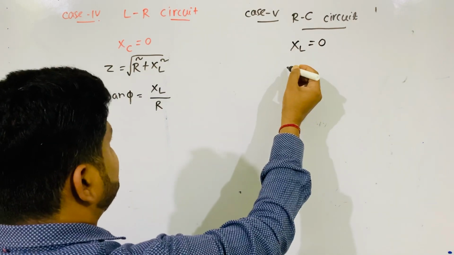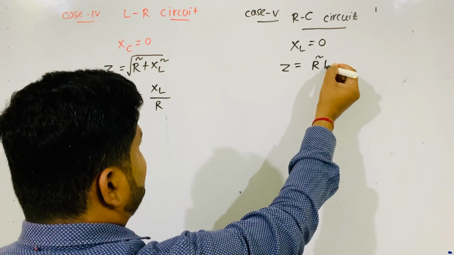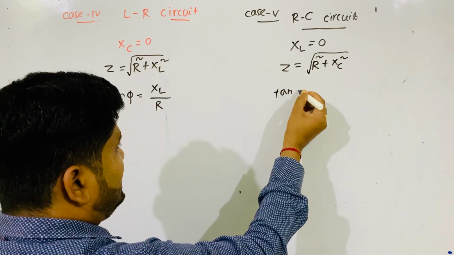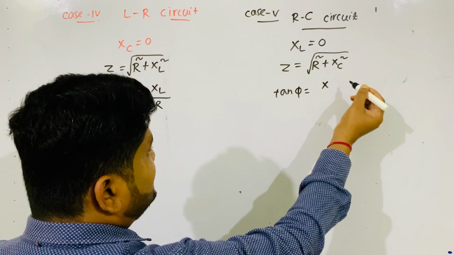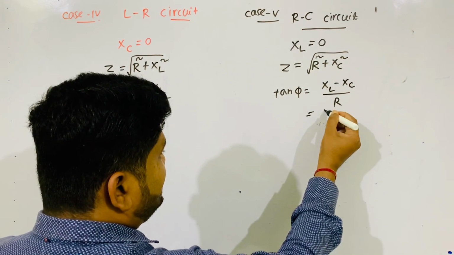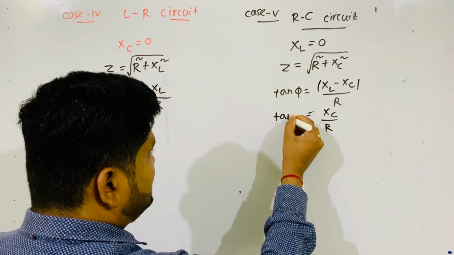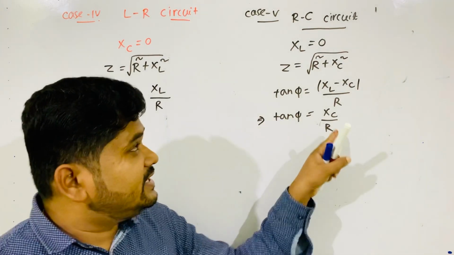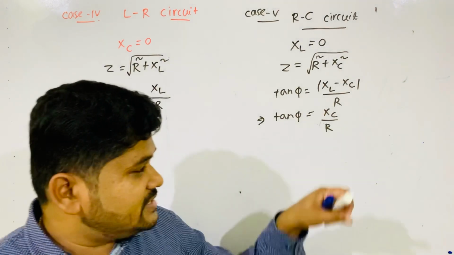If XL is equal to 0, what about the Z? The square root of R square plus XC square. So tan phi is equal to (XL minus XC) by R, but you will take the mod here, XC by R. Then you will see whether it lags or leads according to the circuit. Okay, so tan phi is equal to XC by R.